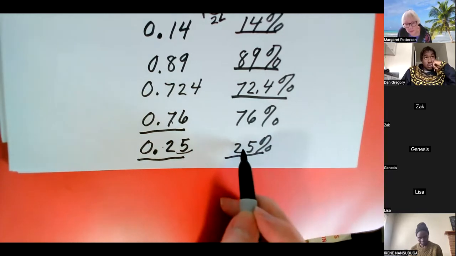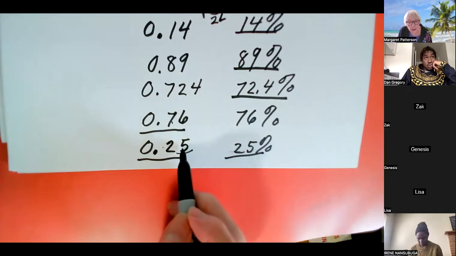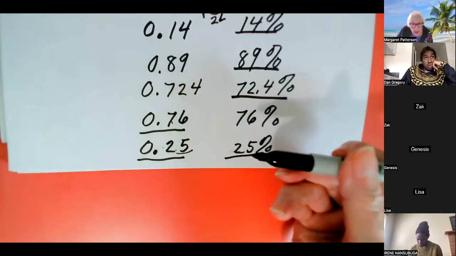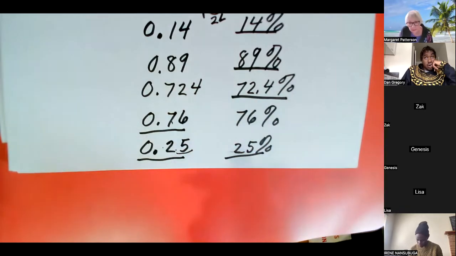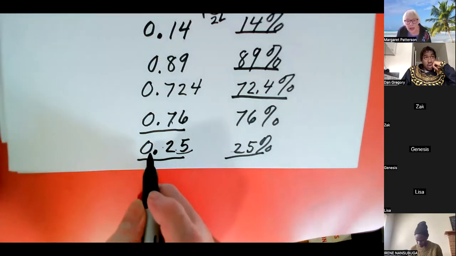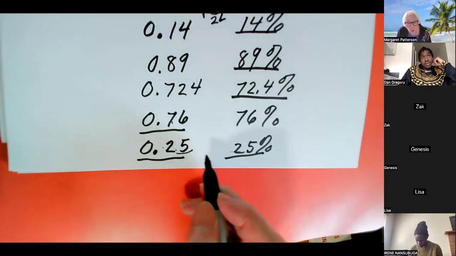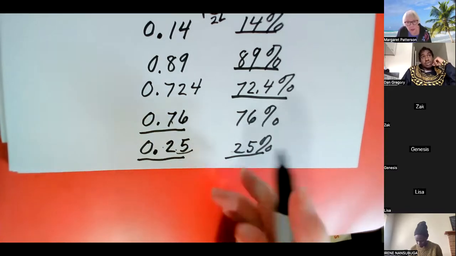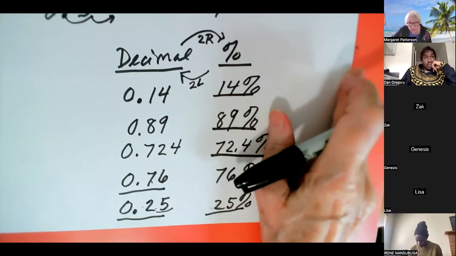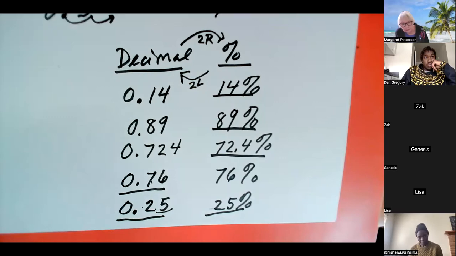When you had the percent and you wanted to get back to the decimal, you had to go to the left, 2 places. I've been mixing that up my whole life. Memorize one simple problem. You have got the formula. Okay, thank you.